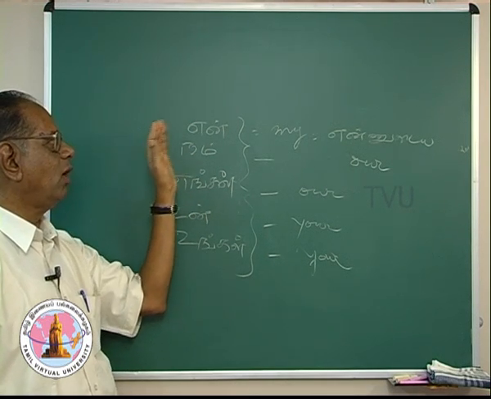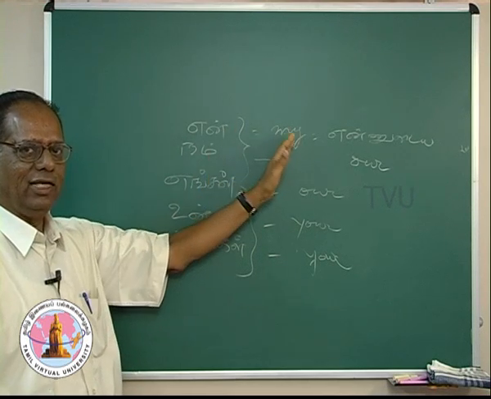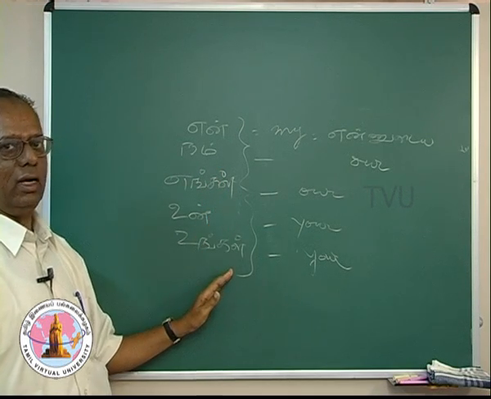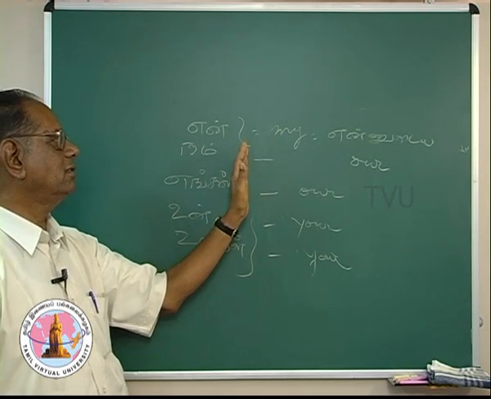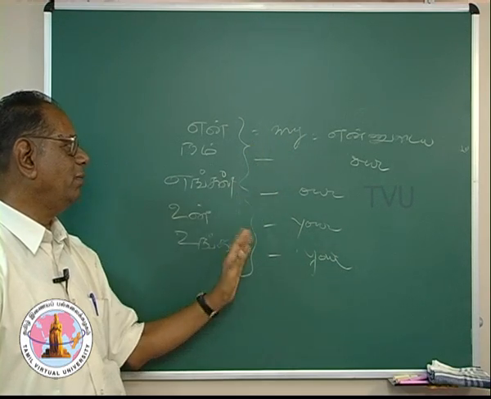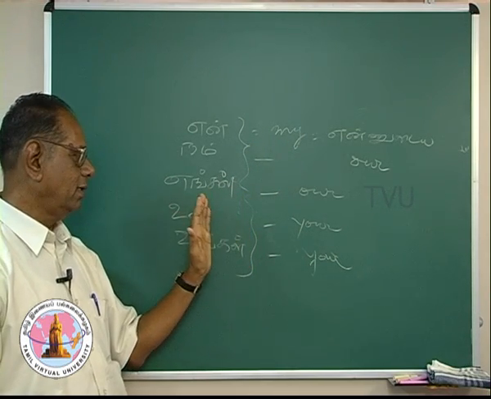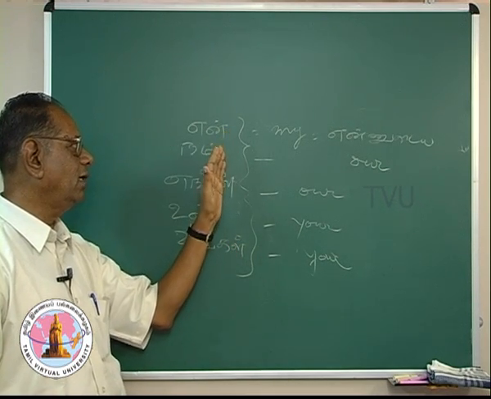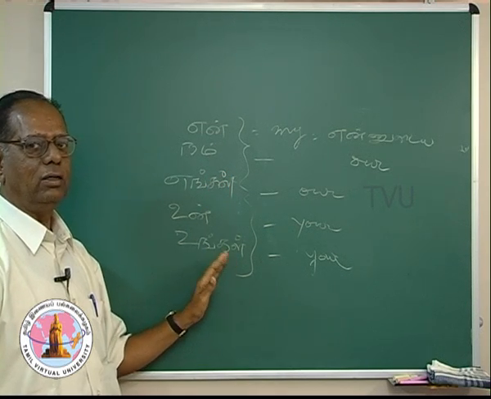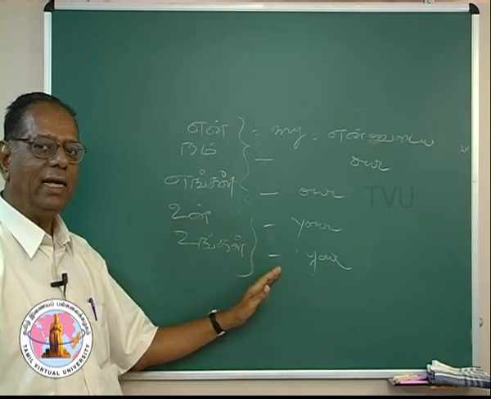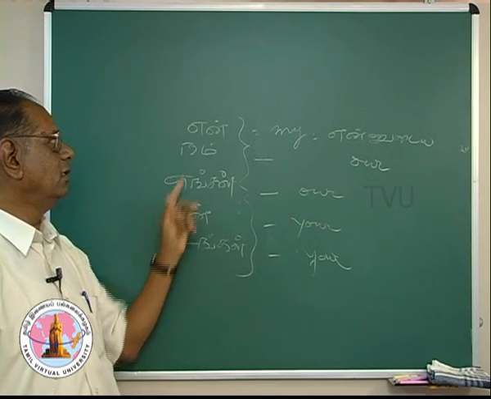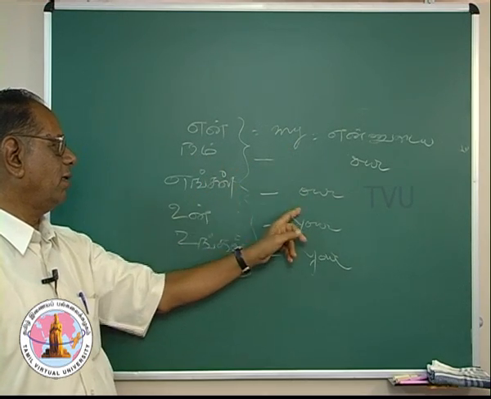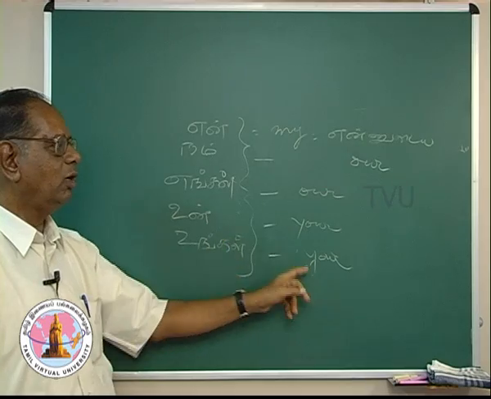Those forms had to undergo a change before accepting the case marker. So, they became என், நம், எங்கள், உன் and உங்கள். So, instead of adding this உடைய and making it a bigger word, they agreed to have this form, all these என், நம், எங்கள், உன் and உங்கள், to serve the purpose without adding physically the case marker. So, என் serves the purpose of my, நம், our, எங்கள், our, உன், your singular, உங்கள், your plural.